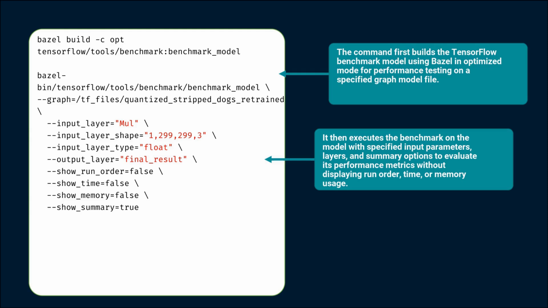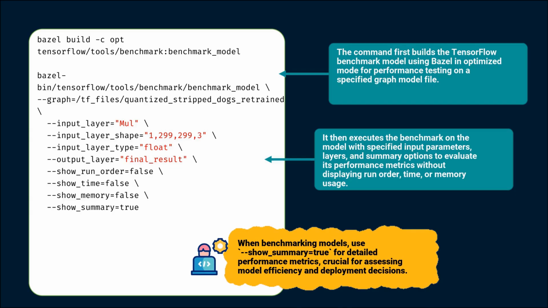Now, let's dive into the benchmarking process. Once we build the model, we can run it against our retrained models to measure their efficiency in terms of floating point operations per second, or flops. The command will specify the graph file of our retrained Mobilenet model as the input, along with crucial parameters like the input layer and its shape. Here's a pro tip.